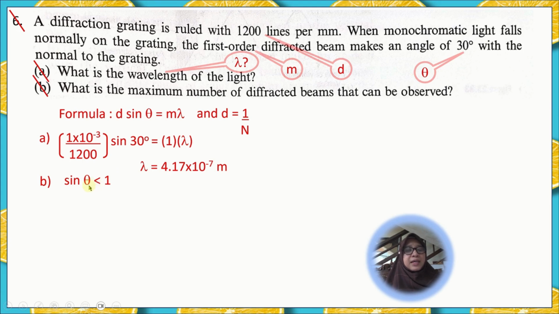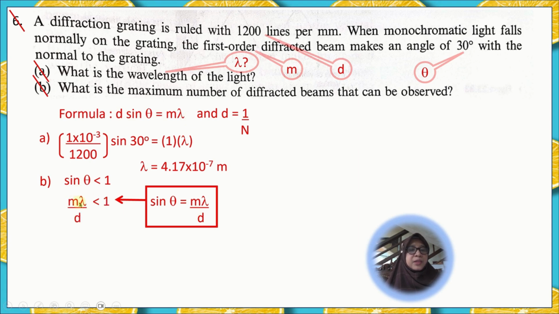Therefore, sine theta must be less than 1 because sine 90 degrees equals 1. From the equation d sine theta equals m lambda, sine theta equals m lambda over d. So we substitute into here, we get m lambda over d less than 1. And cross multiply, lambda over d to the other side becomes d over lambda.